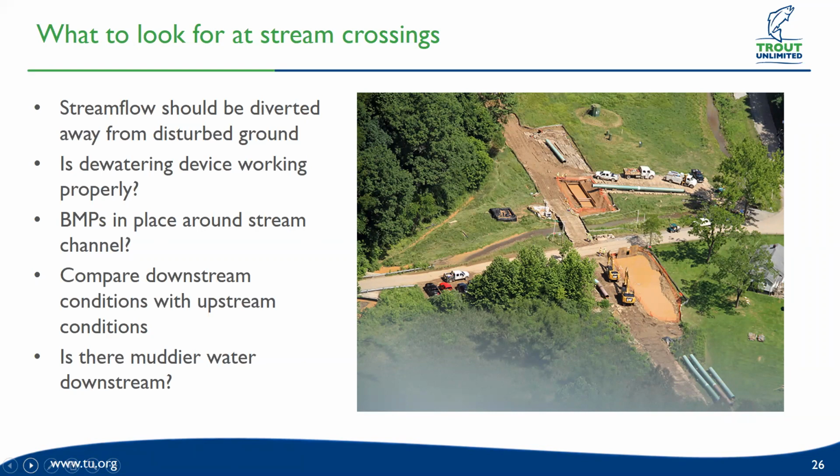So all of that sediment laden water was leaving the dewatering device and entering the stream. So you want to make sure that the dewatering device is working properly, that the BMPs are in place around the stream channel, and then you want to compare upstream and downstream conditions and note whether there's muddy water downstream and there isn't upstream. And if there is, then that's definitely a problem that you'd want to report.